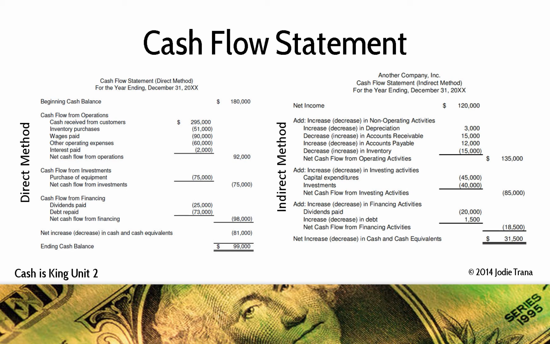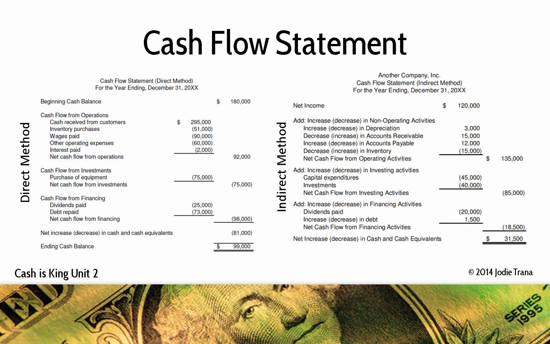The direct method is really becoming the more preferred method, although some large corporations are still using the indirect method. It starts with your beginning cash balance, and then it adds cash flow from operations, which is very much like an income statement.